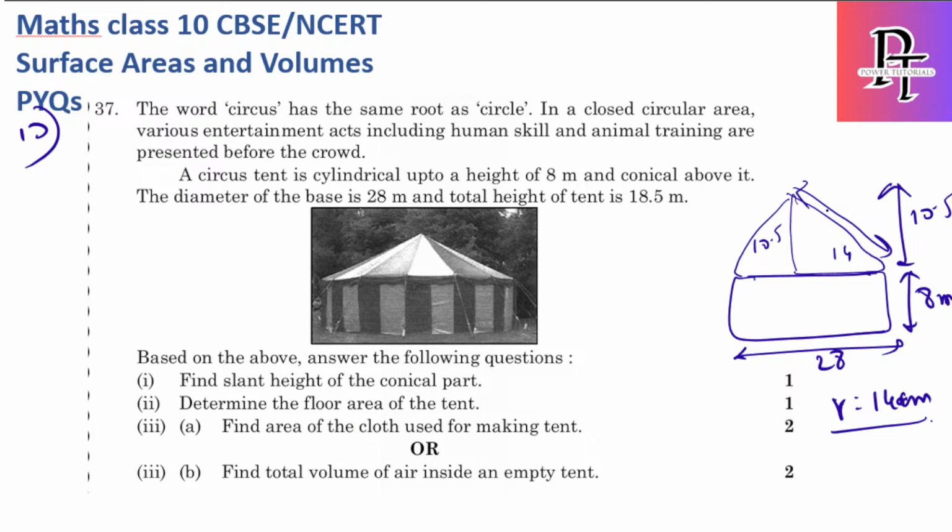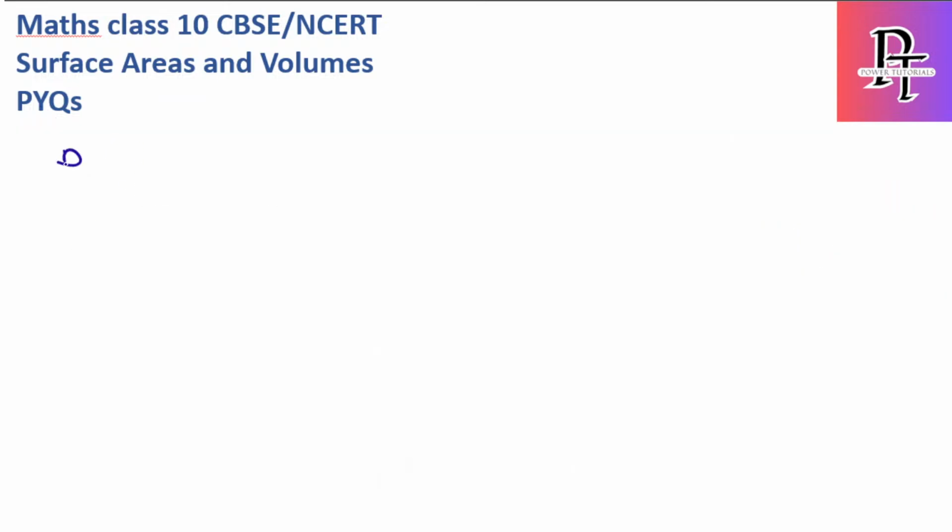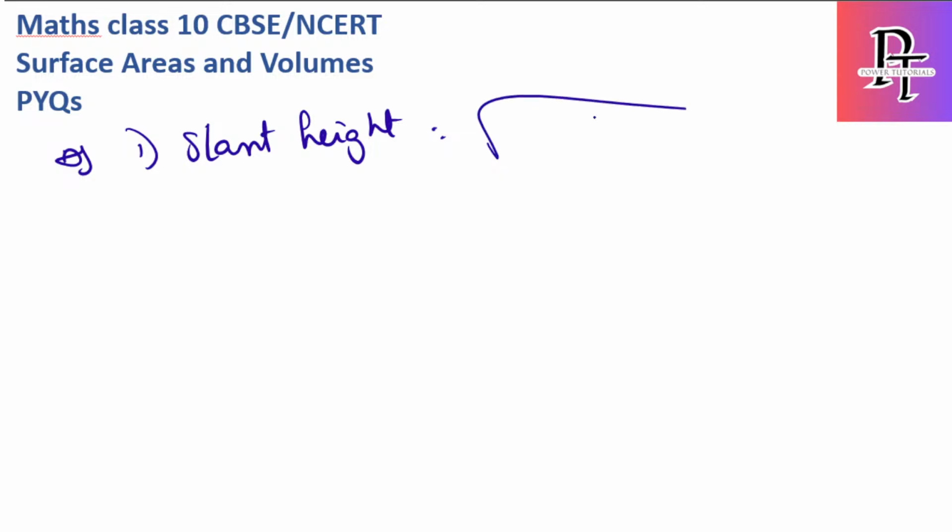So slant height is like a Pythagoras theorem, where one side is 14 and the other side is 10.5, and we need to get the hypotenuse, which is the slant height. So let's find the slant height first. Slant height is nothing but root of 10.5 square plus 14 square.